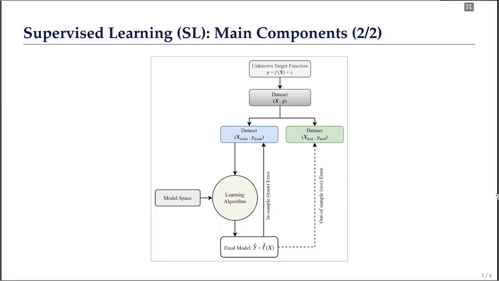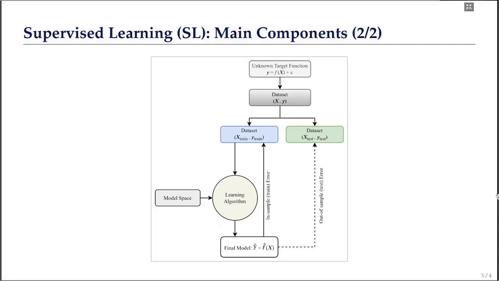So the train dataset is used to train the model of interest through the learning algorithm. The learning algorithm may select a final model, let's say y hat equals f hat of x.